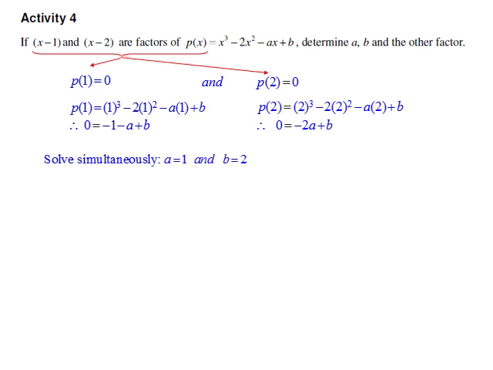Calculate p(1), equate it to 0 and simplify. Calculate p(2), equate it to 0 and simplify. We have two equations that we can solve simultaneously to find that a is 1 and b is 2. Now, we were asked to determine a and b, but also to determine the other factor.